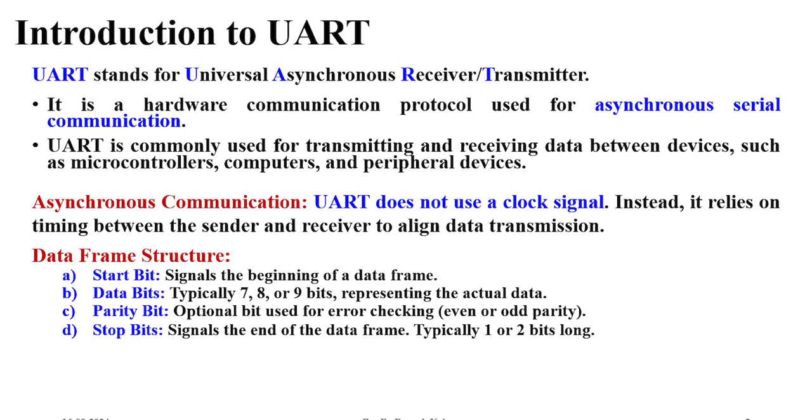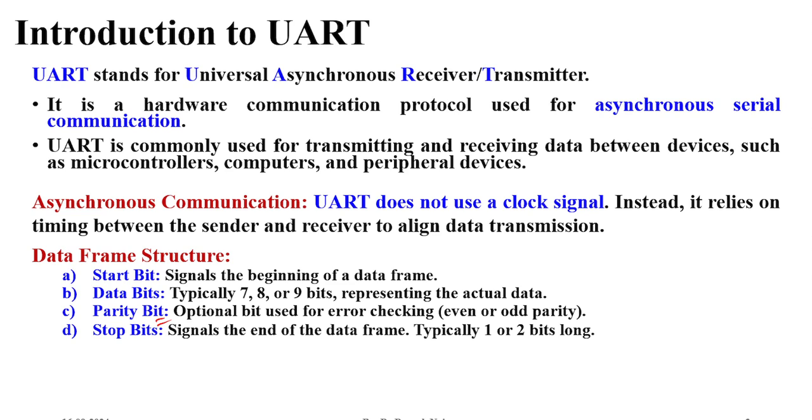Then we have the parity bit. Based on the type of parity, we can use the parity bit. For example, if the system is even parity, then the number of ones in the message should be even, otherwise the parity bit will be 0, or vice versa.